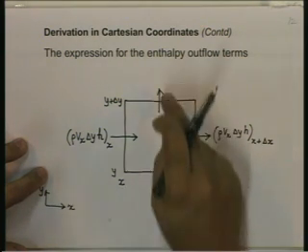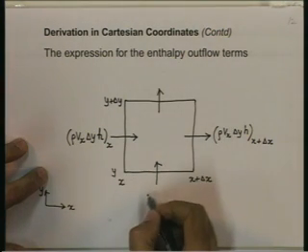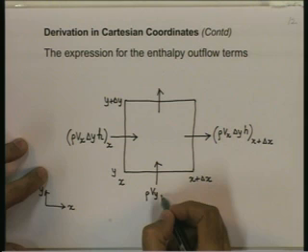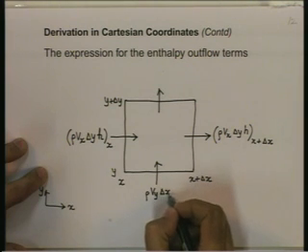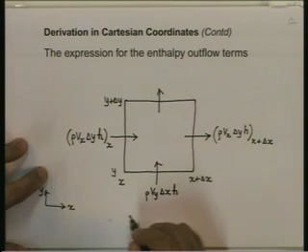Let's look at these two enthalpy flows. The mass flow in here will be rho into Vy. We are now looking at the flow in the y direction. Area will be delta x into 1. It carries with it enthalpy h.